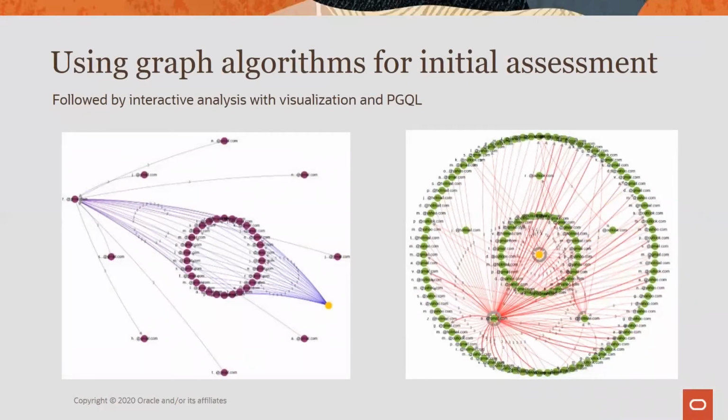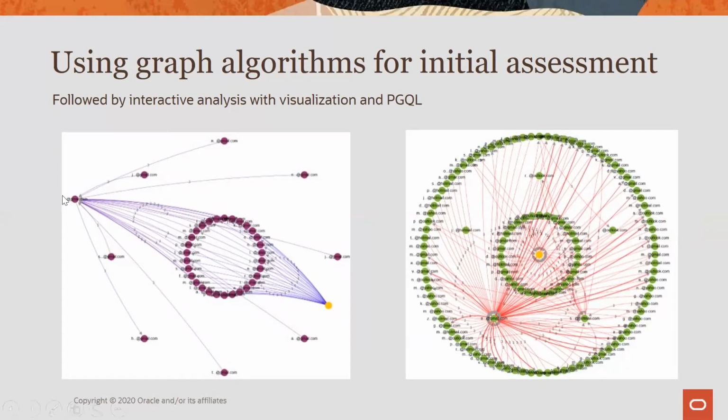Here are just two types of example of financial transactions which the PaySafe team has been finding in their data sets. On the left-hand side, every vertex in this graph is an e-wallet, and every edge is a financial transfer.